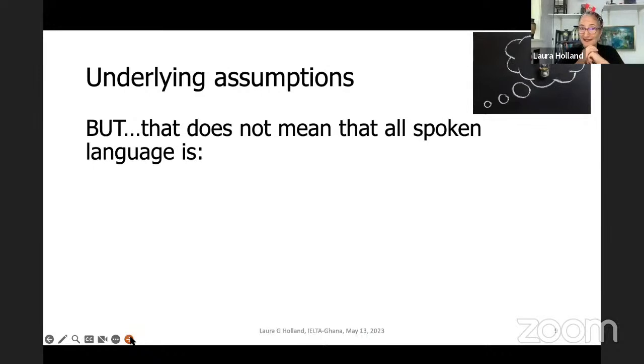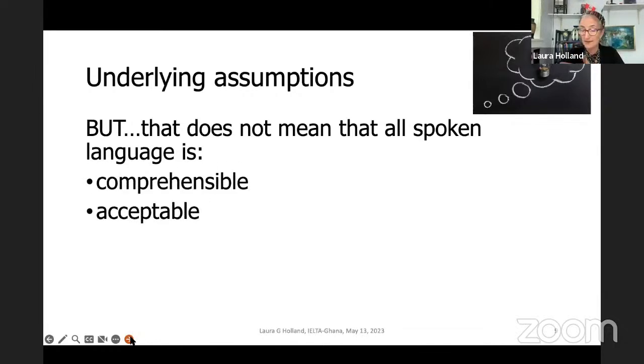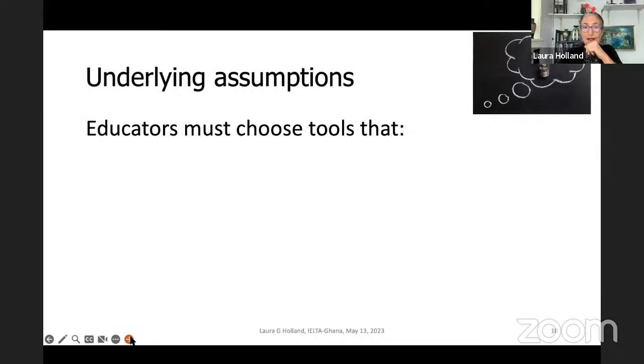So that does not mean, however, that all spoken language is comprehensible, acceptable, or effective, right? Those are three criteria we want to think about in working with your own pronunciation, if you are a non-native speaker of English, and your students'.